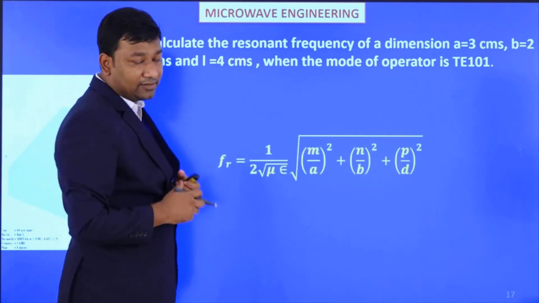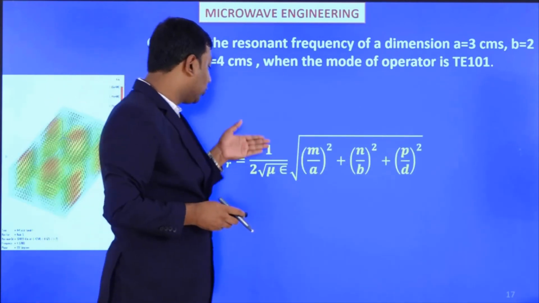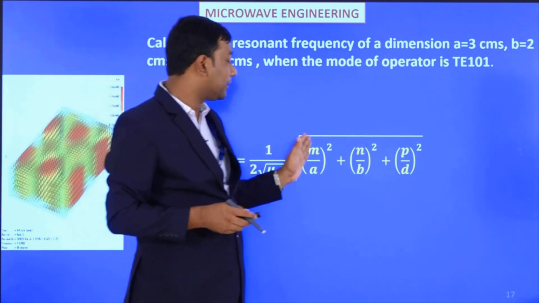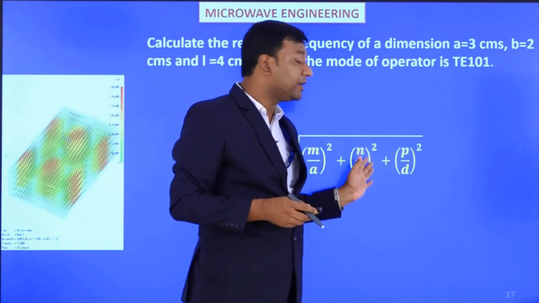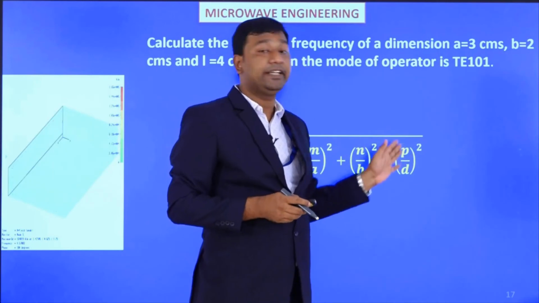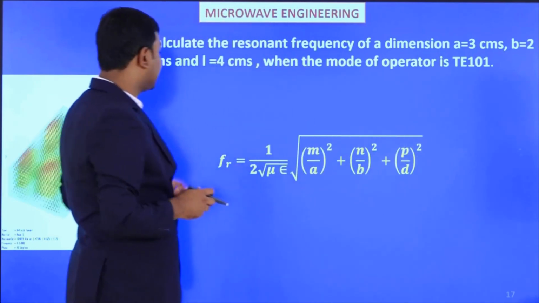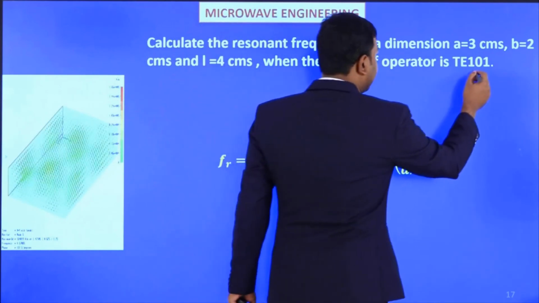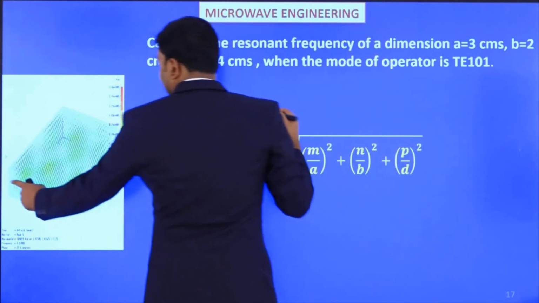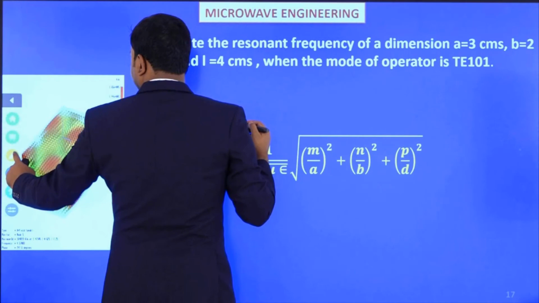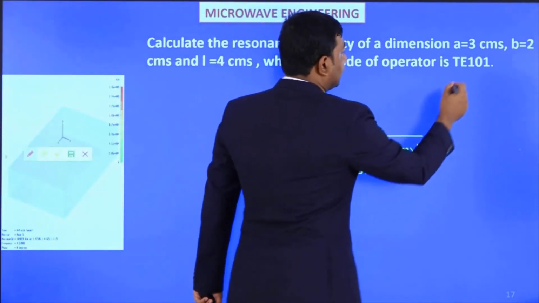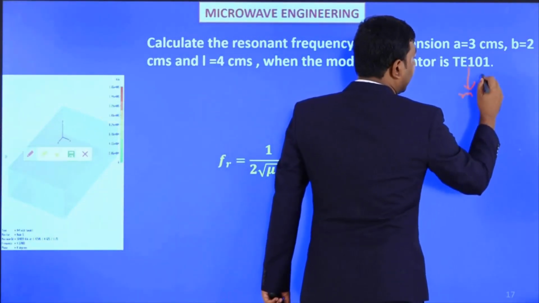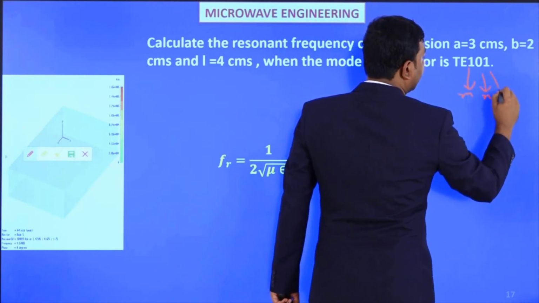So we know for the rectangular, fr equal to 1 by 2 root over mu epsilon, root over (m by a)² plus (n by b)² plus (p by d)². The values of m, n and p are given: m equal to 1, n equal to 0 and p equal to 1.